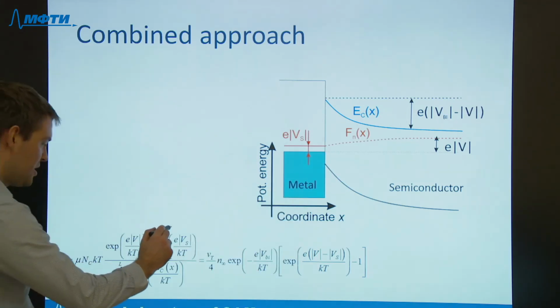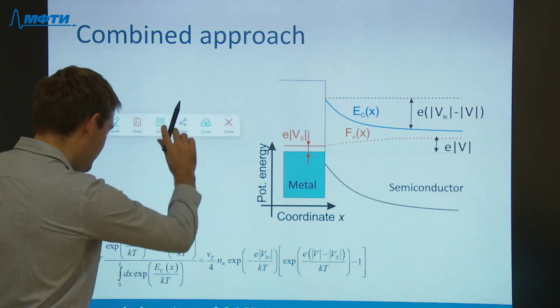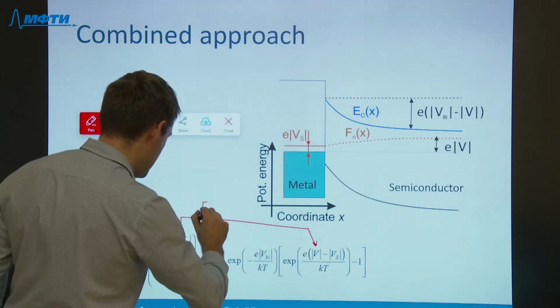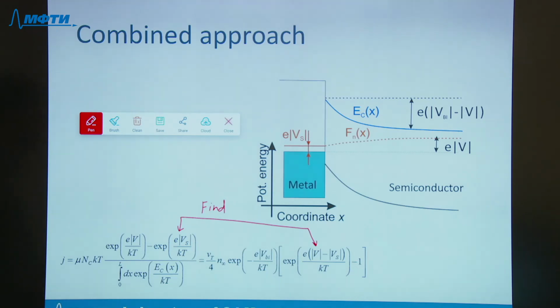From this equation, you can find the surface potential EVS and substitute it into the current-voltage characteristic.